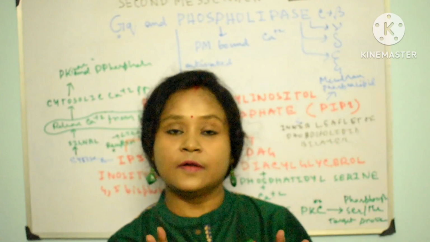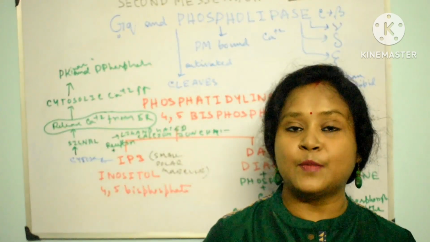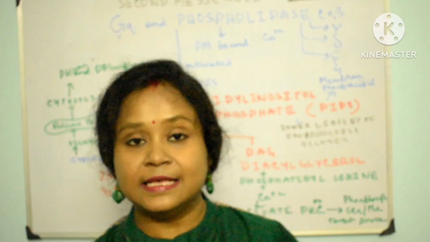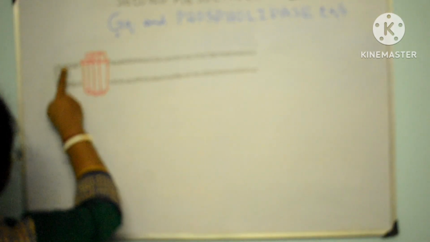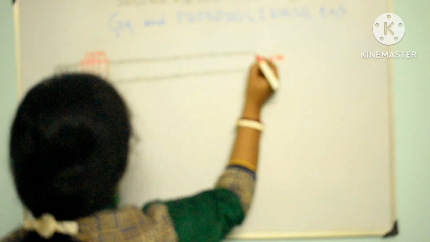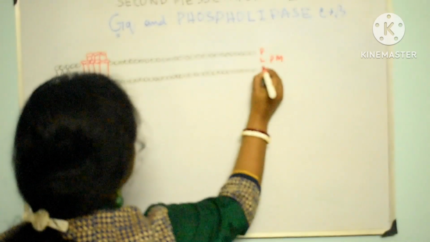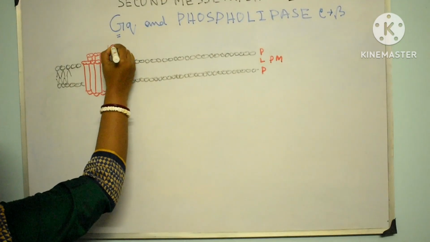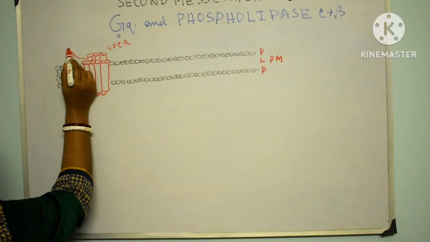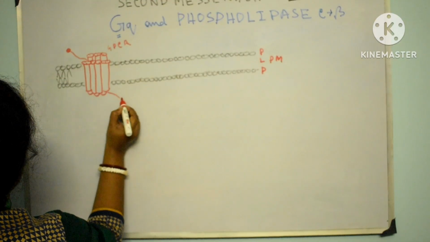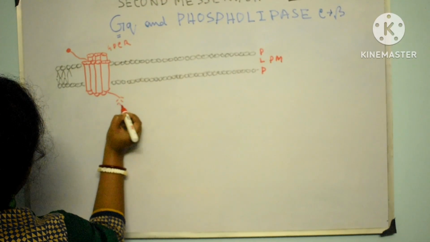Now let's concentrate on the diagram of forming IP3-DAG. All of you know that this is the plasma membrane, the protein lipid protein bilayer. Let's write here plasma membrane. This one is the GPCR. Ligand binding is already done, and here it is being activated.